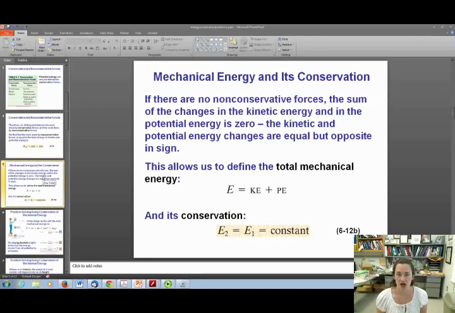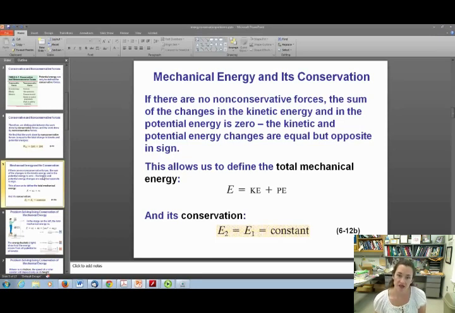But in this lecture, I want to ignore non-conservative forces for now and just introduce the concepts of how to do these energy conservation problems. So if you ignore friction and non-conservative forces, then you can say that for that system, energy is conserved. The change in the kinetic energy plus the change in the potential energy equals 0.